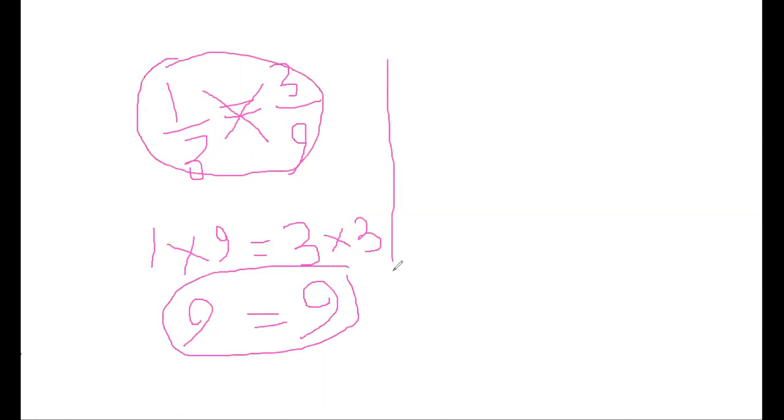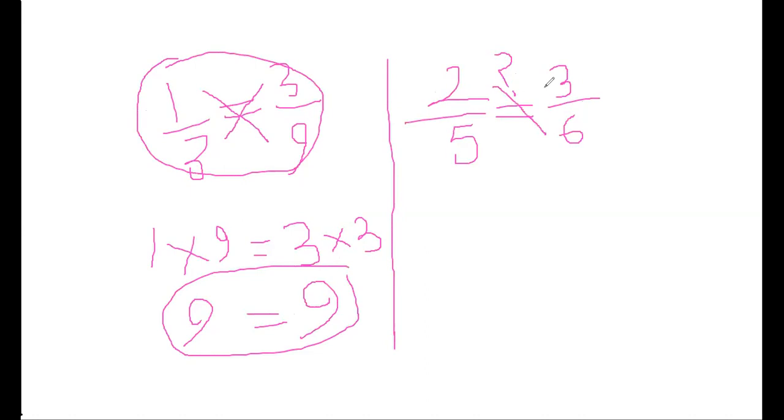I give you another example. Let's say 2 over 5, and you will check whether they are equal or not. Here I will put a question mark. 3 over 6. Now use the cross product rule.